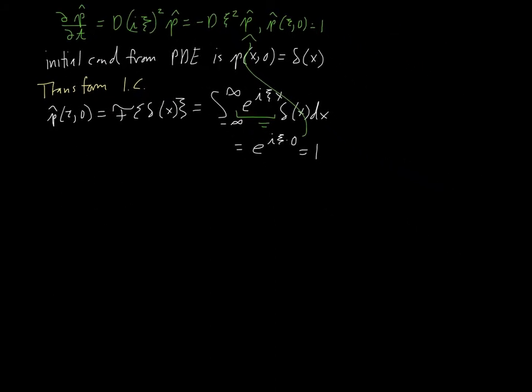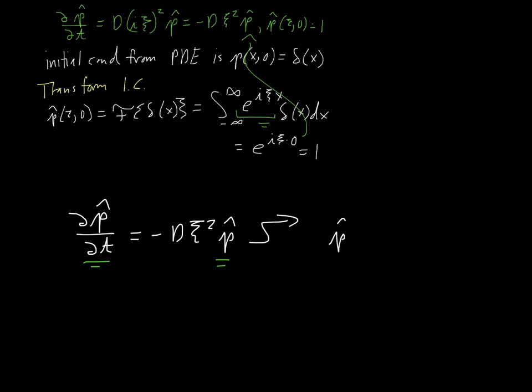Again, dp hat/dt is equal to negative D c squared p hat. That's a function whose time derivative is proportional to itself, and that's just a simple exponential function with the coefficient there being a coefficient for the t.